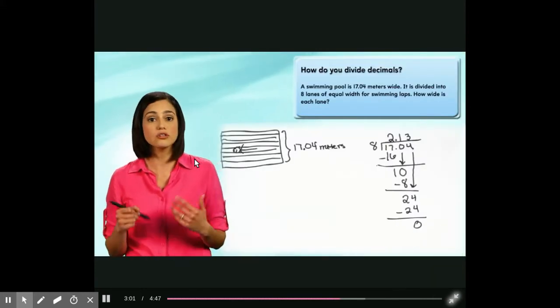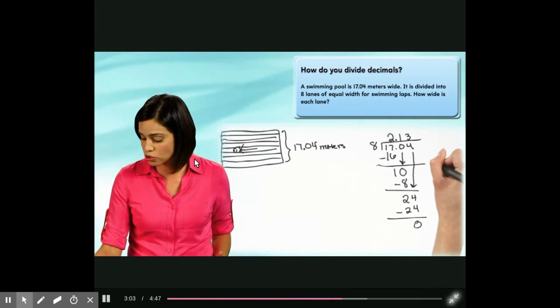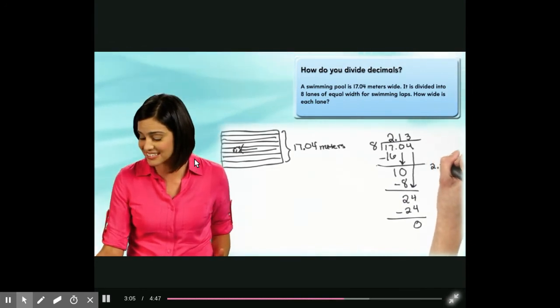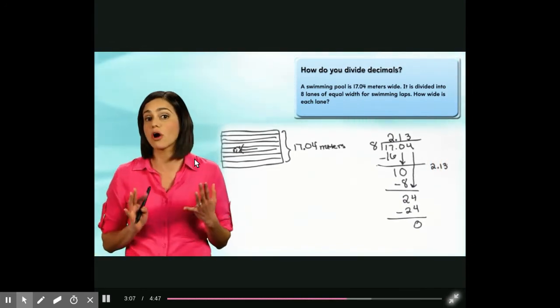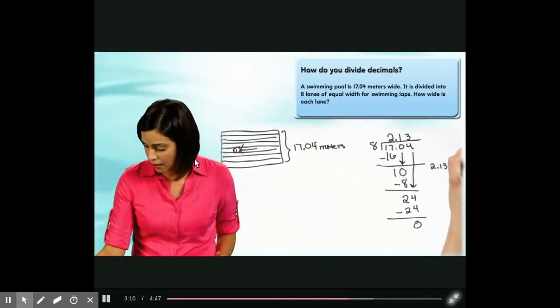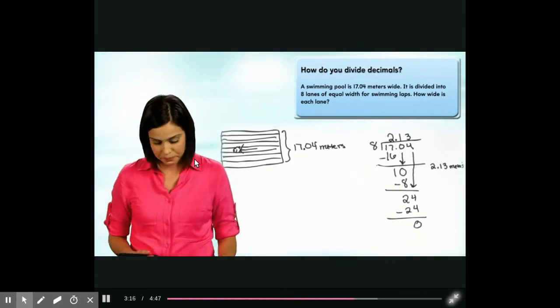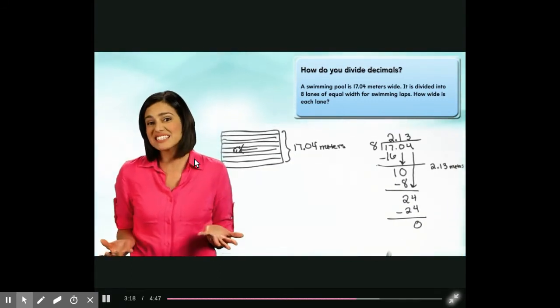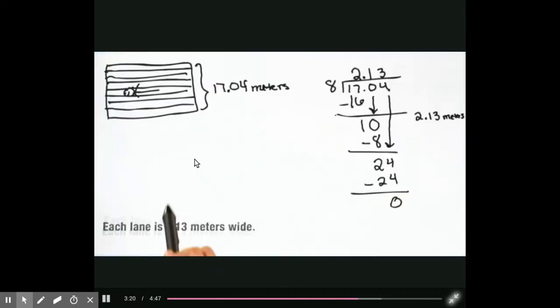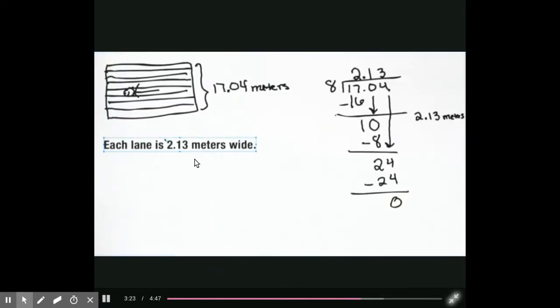So our quotient is 2.175. Don't forget your units. Units are very important. We have 2.175 meters. So how wide is each lane? Each lane is 2.175 meters wide.